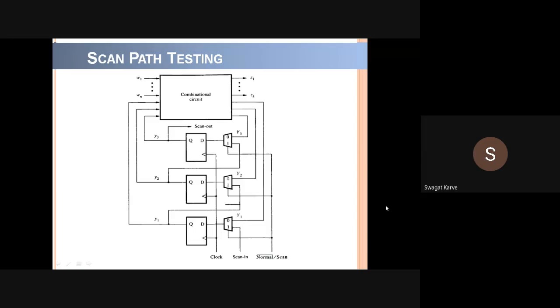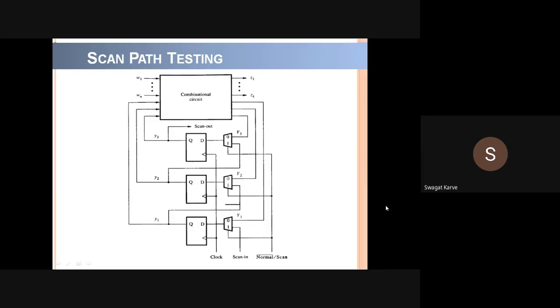So now we have covered the testing methods for combinational logic. Again, I will summarize. What are the testing methods available for combinational logic? First one is the stuck-at model, or fault model test, that is one and the same thing.